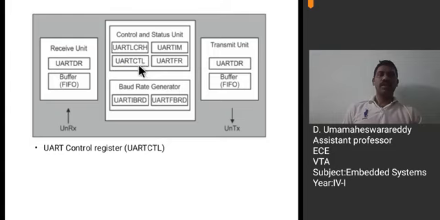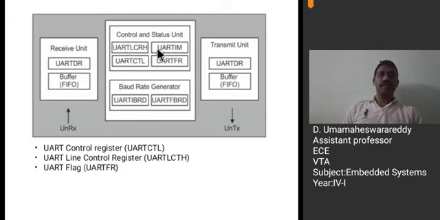UART CTL indicates the Universal Asynchronous Receiver Transmitter Control Register. Next, UART LCRH, which indicates the UART Line Control Register.